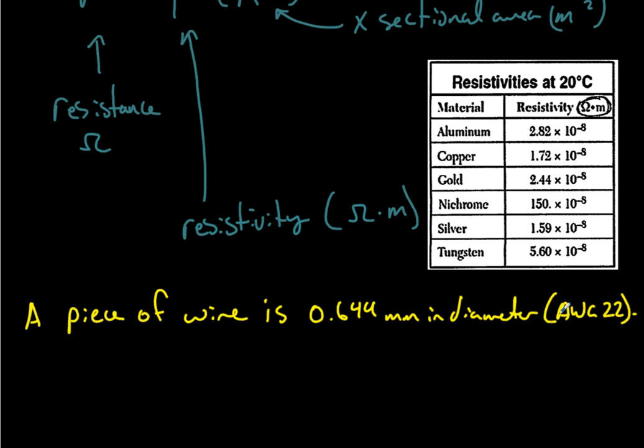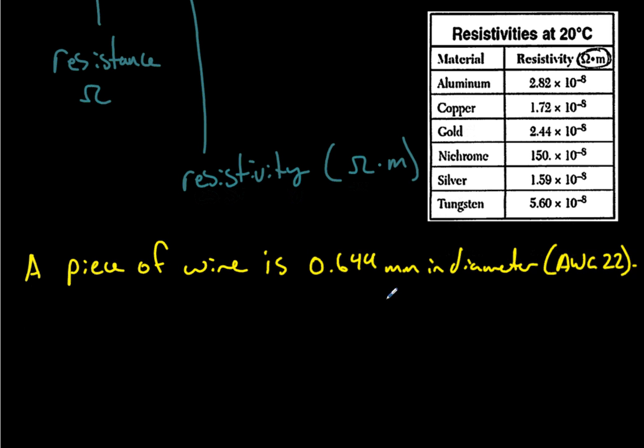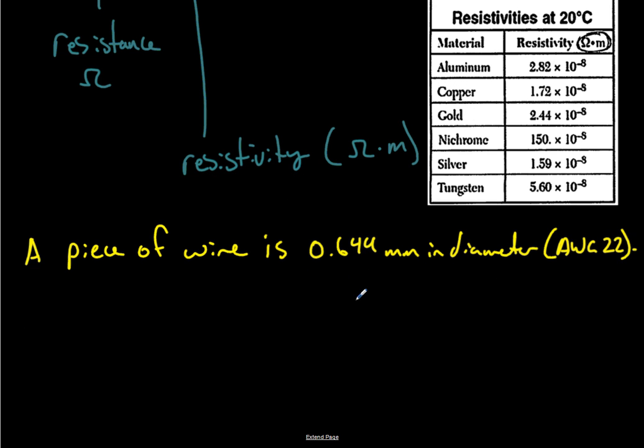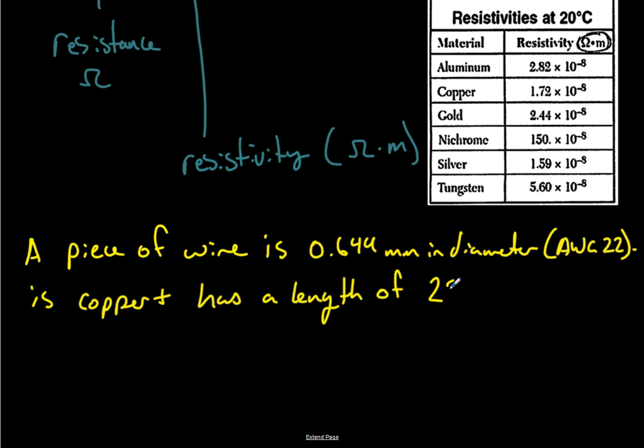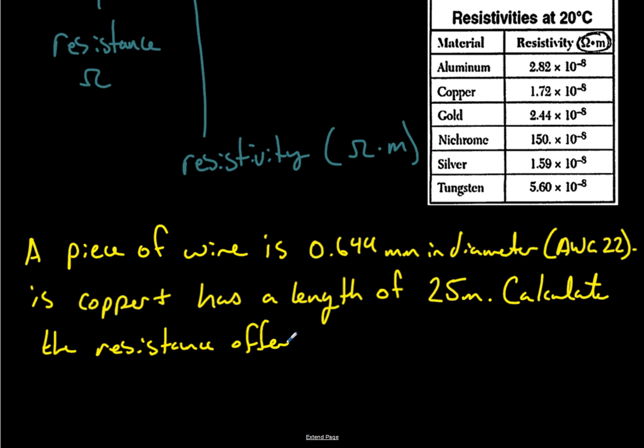Okay, so that's the American wire gauge system. It's actually in inches, but we've got the conversion. The wire is copper and has a length of, let's say, 25 meters. Calculate the resistance offered by the wire.